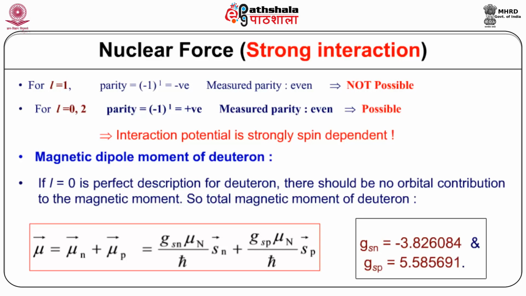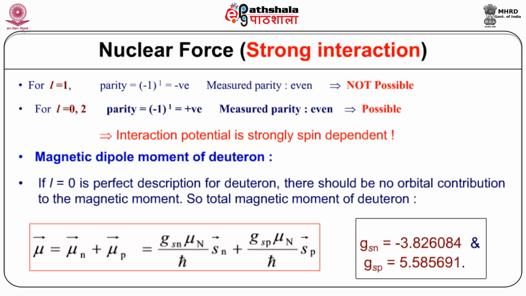In that case, the total magnetic moment of the deuteron is mu = mu_n + mu_p, which equals g_sn mu_N/h-bar Sn + g_sp mu_N/h-bar Sp. It means that the net magnetic moment of the deuteron will equal the sum of the spin components of the neutron and proton only.